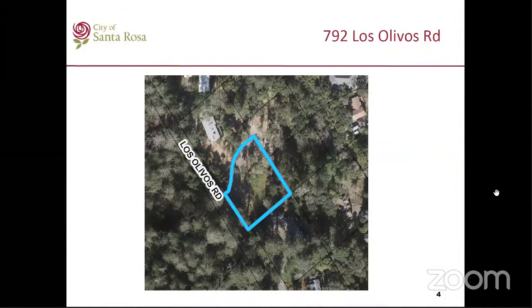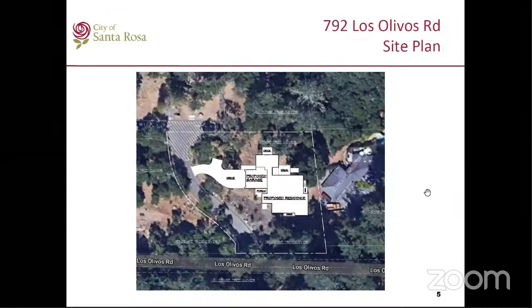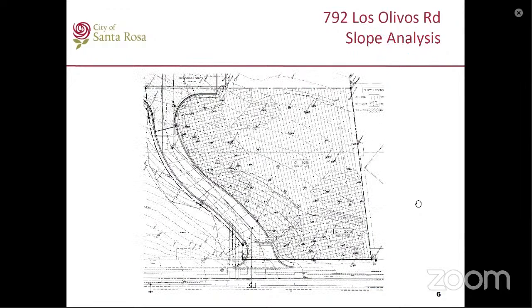Here is a closer look. There is a private driveway that has access to 3 other parcels in the back. Here is a site plan that shows where the house and the driveway access to the garage will be located along Los Olivos Road. And here is a slope analysis map.